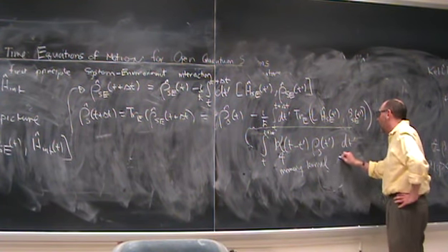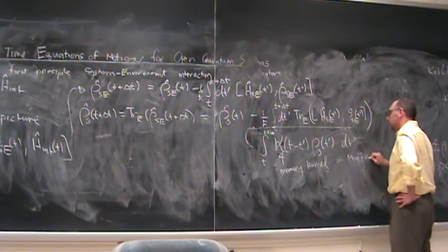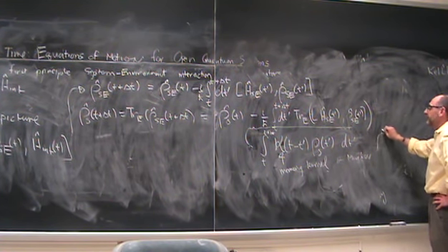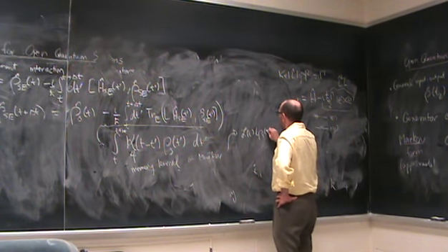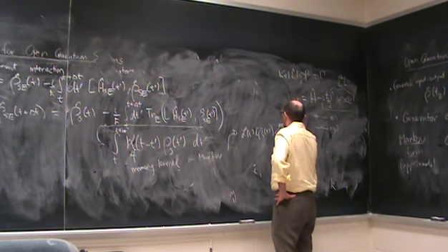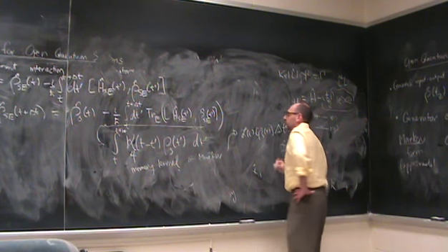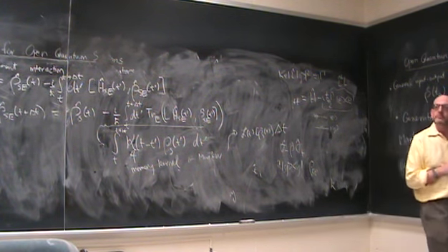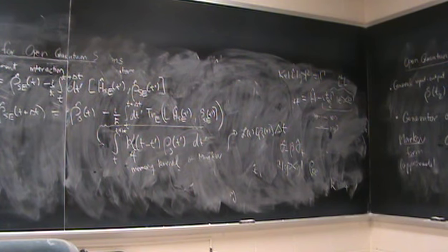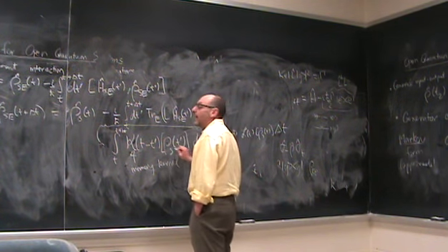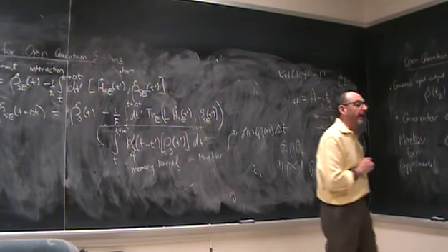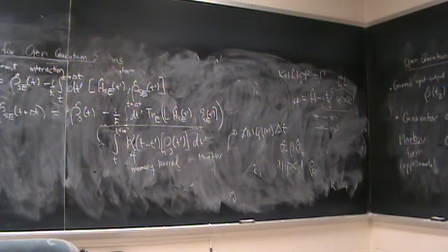But if we have the Markov approximation, then what we're going to see is that this is of the form that we want, some Lindbladian delta t. In the general case, is the memory kernel an operator? That's a good question. Is it a map? Yeah, that's probably the most generic way to say it, that this is some CP map like that. I think that's correct. It wouldn't necessarily just be a scalar.